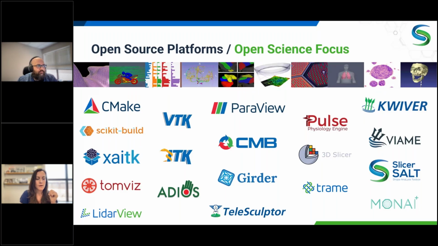A few of our more popular platforms are, for example, CMake, an open source platform that simplifies software compilation and management. We also have very popular VTK and ParaView that are leading the field of scientific computing and visualization. We have our medical specific applications such as Pulse, SlicerSALT, or Slicer. And you're going to be hearing a lot about these last two, Slicer and SlicerSALT.